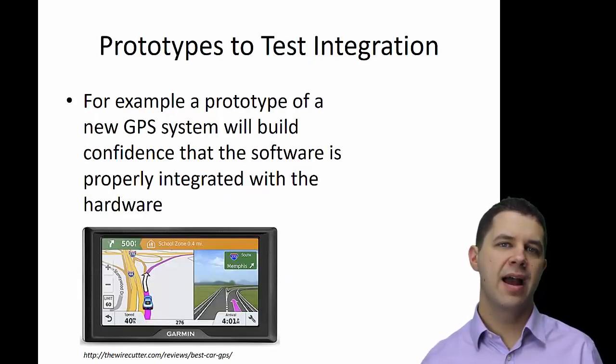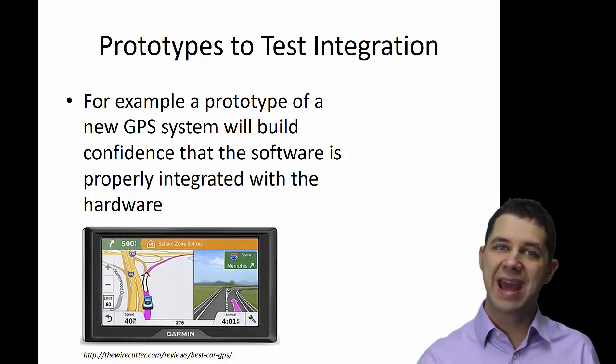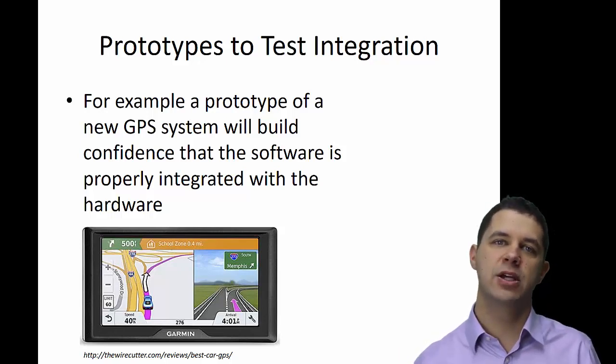So, for example, our new GPS system, our satellite navigation system, it'll build confidence if we can show some software that's properly integrated with a piece of hardware. Even if the software has limited functionality, if we can show the basic functionality there, it will build some confidence that, yes, there's integration happening properly between the software and the hardware, and we can, for example, read our GPS measurements and display some basic maps.